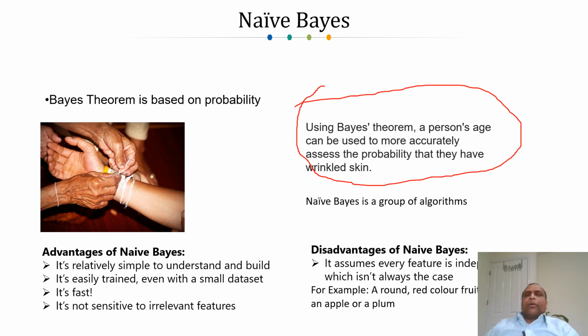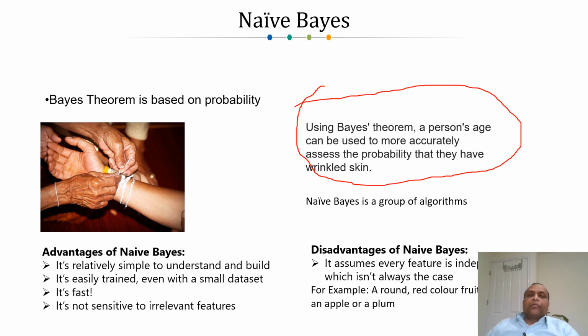Okay, so Bayes theorem is all to do with probability, right? We will discuss probability in a different video anyway. But to tell you, probability is the study of something happening by chance. For example, you throw a dice. What is the chance of the dice showing up number one out of the 6 faces it has?